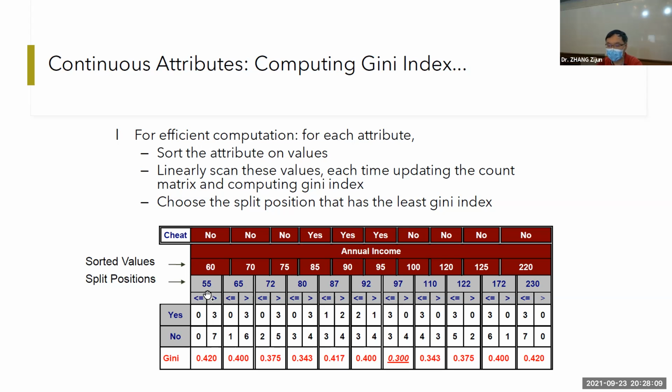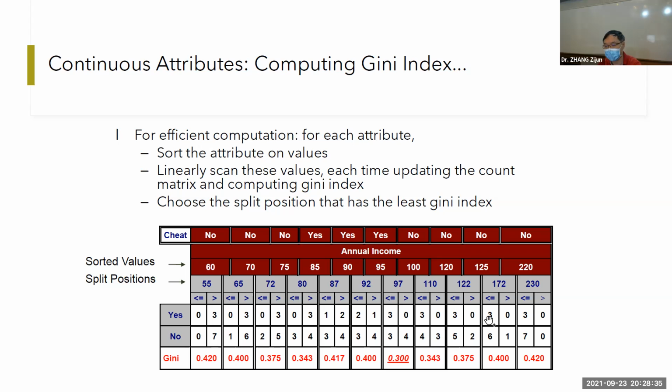Then, based on each splitting value V, we compute the count matrix. Then we compute the Gini index based on each count matrix, and we find that when we choose V equal to 97, we obtain the lowest Gini index.